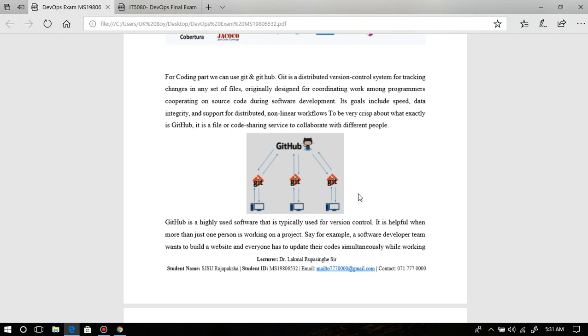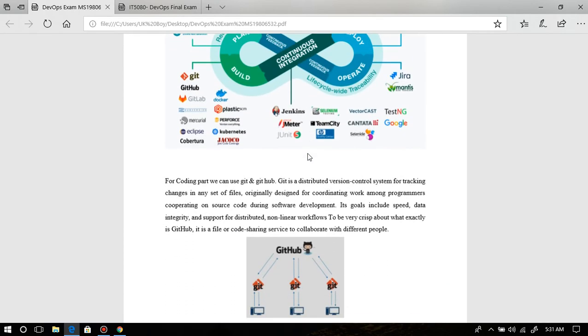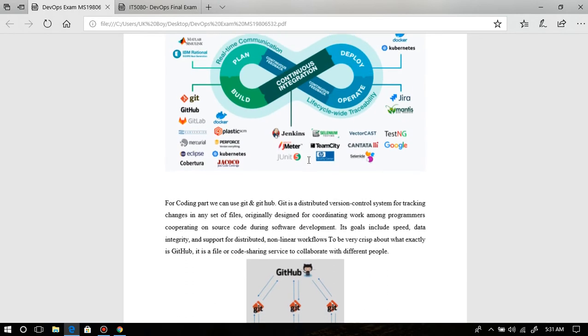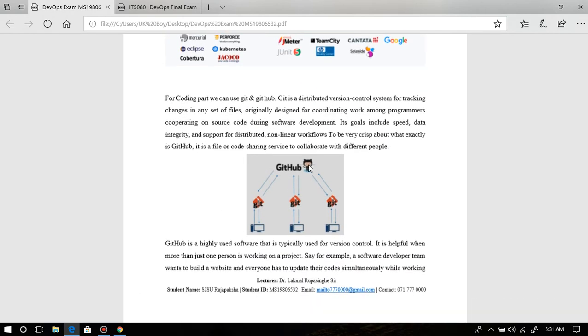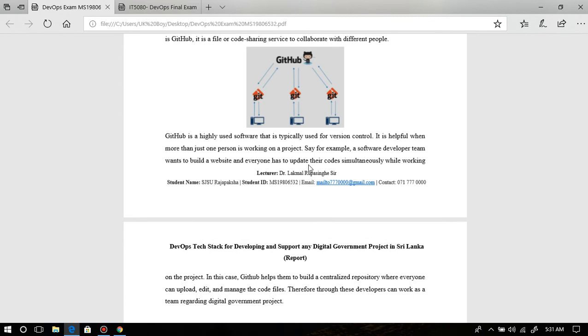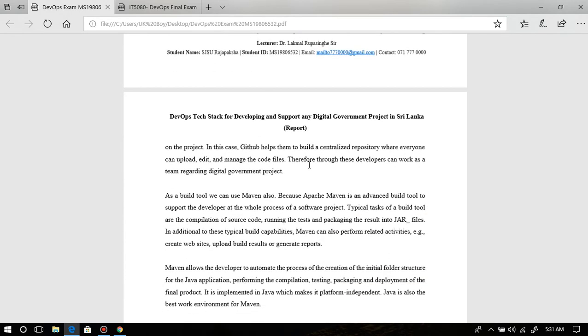There are several things in Git and GitHub, like the code repository and other things, which you can learn more about in a next separate video related to GitHub, because I am going to explain only the points which we can use in our project.